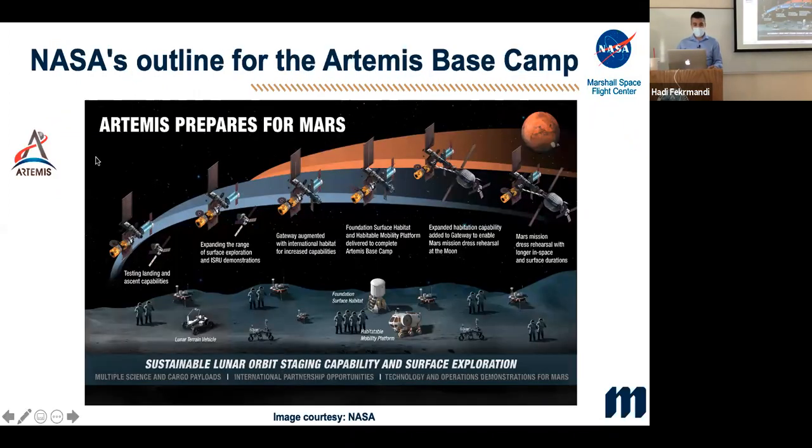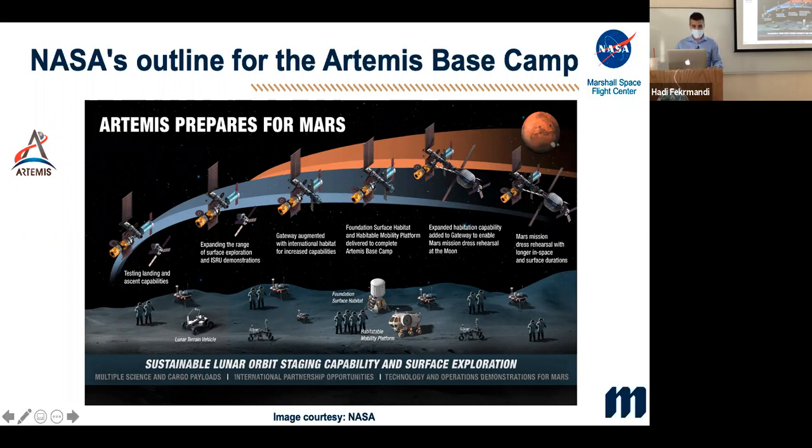Artemis is the program that NASA currently has about going back to the moon. If you see in the corner, it shows Mars, and the outline is to go to the moon as a gateway to Mars.